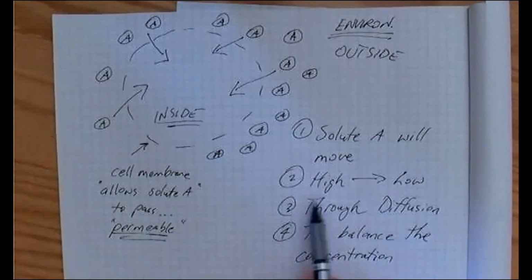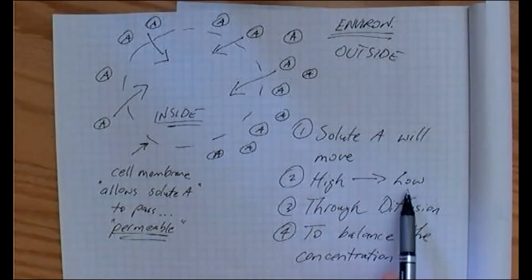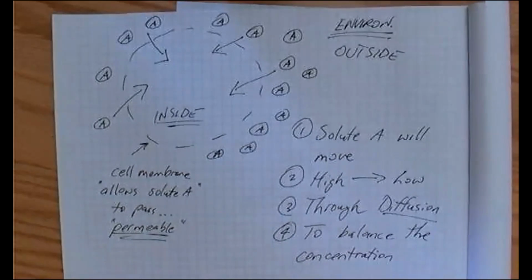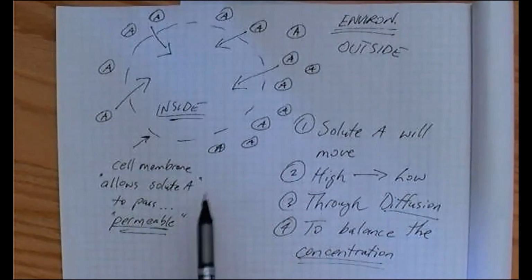You could also substitute the words from outside the cell or from the environment to inside the cell or pass into the cell. Same thing. The process that's being used is diffusion, and it does this in order to achieve equilibrium or to balance out the concentration of solute A inside the cell and outside the cell. So it's very interesting how nature has arranged things to work in that way.